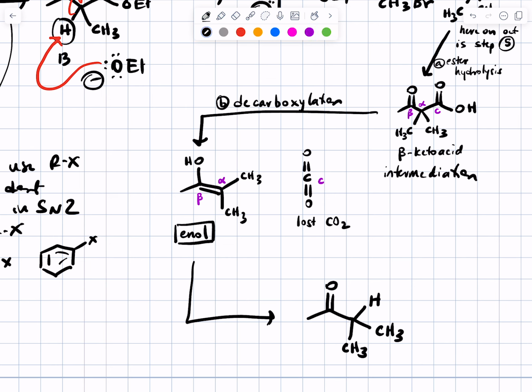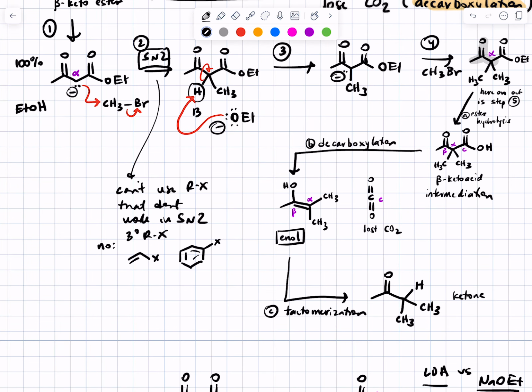That's the enol form, and the product is the keto or ketone form. And so step 5C is, you got it, tautomerization. Okay? So tautomerization you have seen before, ester hydrolysis you have seen before, decarboxylation you haven't. So let's zoom in on decarboxylation. And I want you to pay attention to this structural pattern of a beta keto acid.